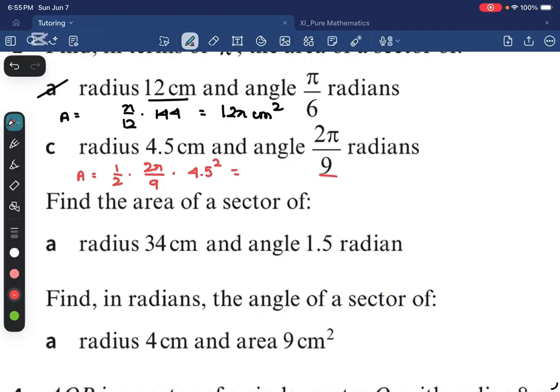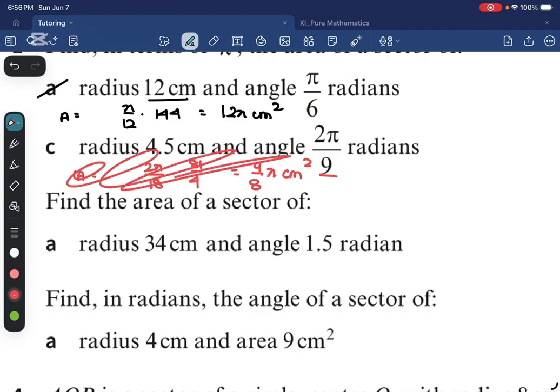So 9 times 2 in the denominator, I get 18. 4.5 squared is 20.25, which is 81 by 4.